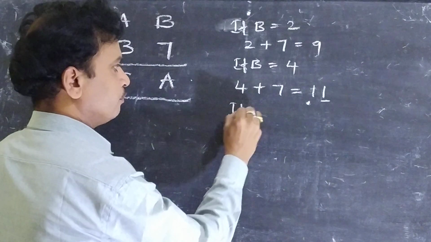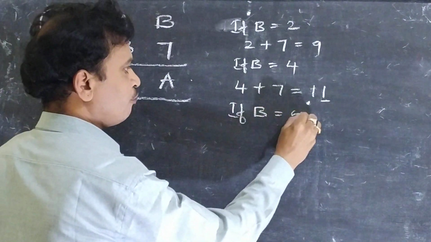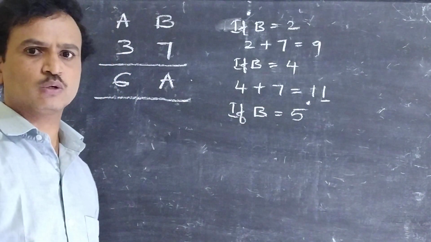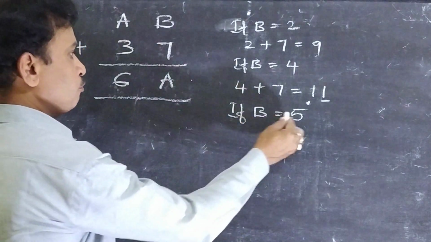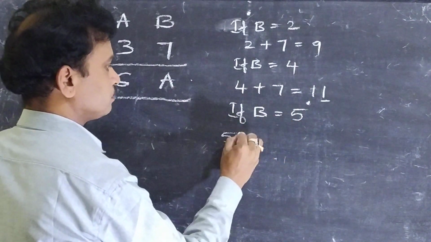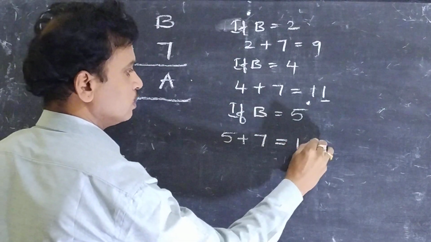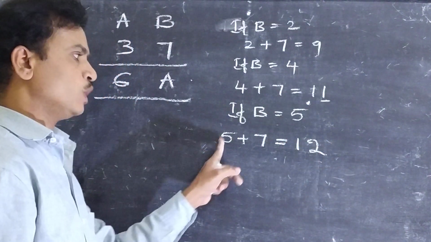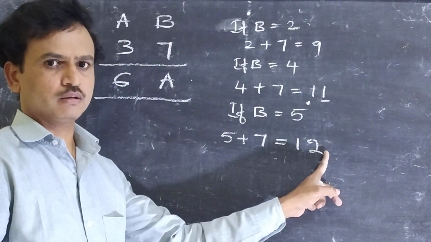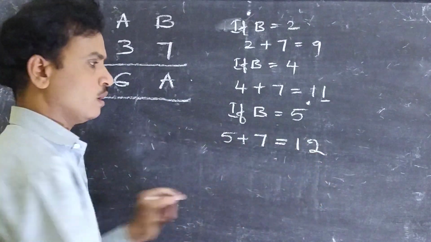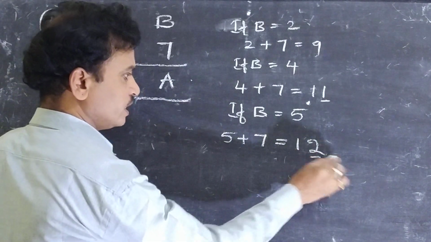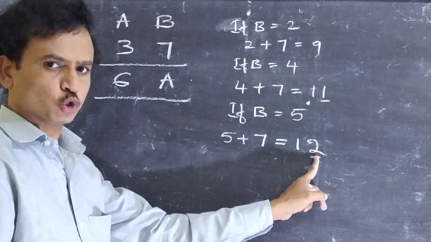Then, if B is equal to 5. 5 plus 7 is 12. Now your unit digit is 2.